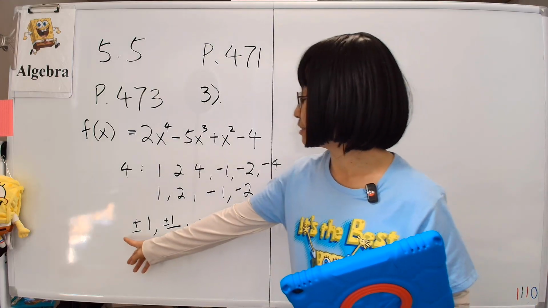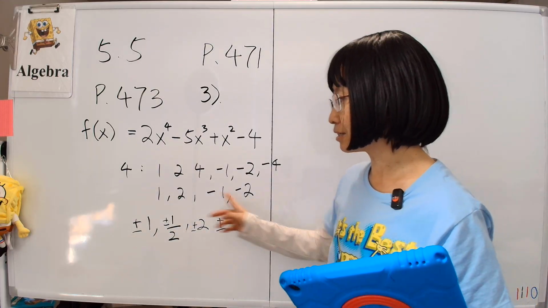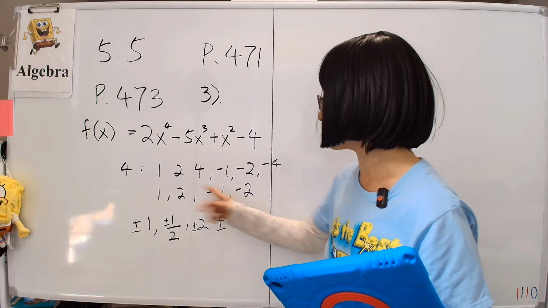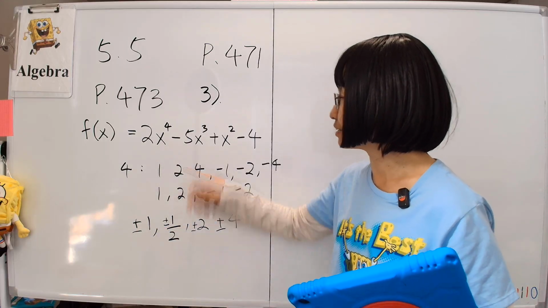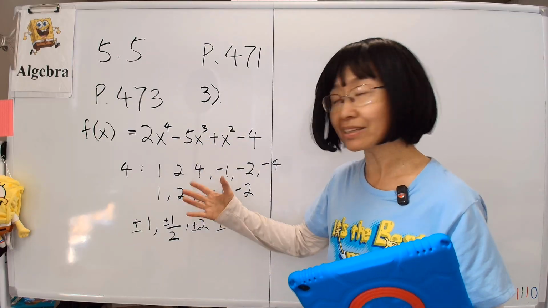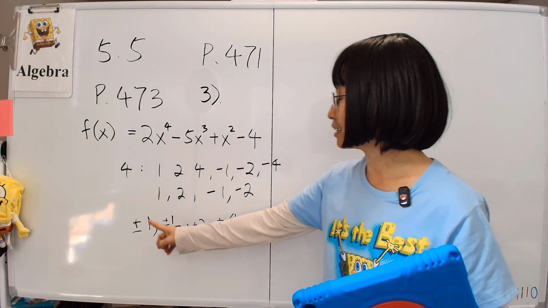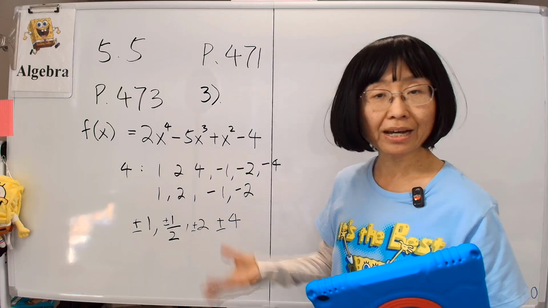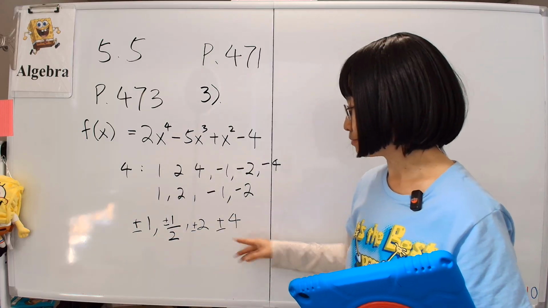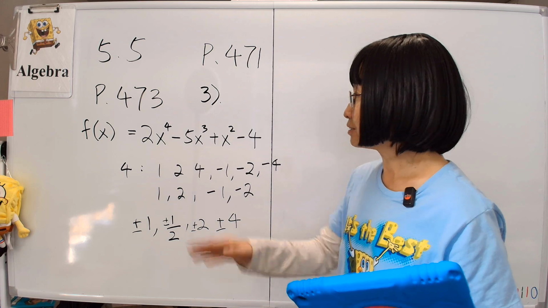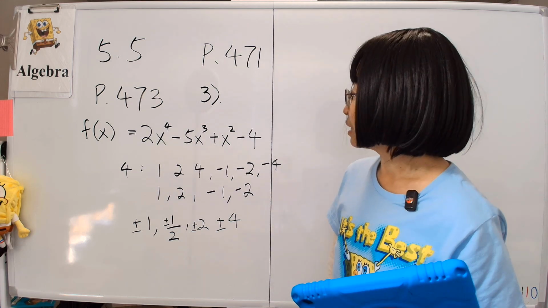And yet the theorem has reduced the number of options right here. This is all possible roots, which means if you plug in each one in here, and don't mess up in the calculations, then you can check if each number is a real root. And once you do it 8 times, there are 8 options here, then you would have found all the rational roots.